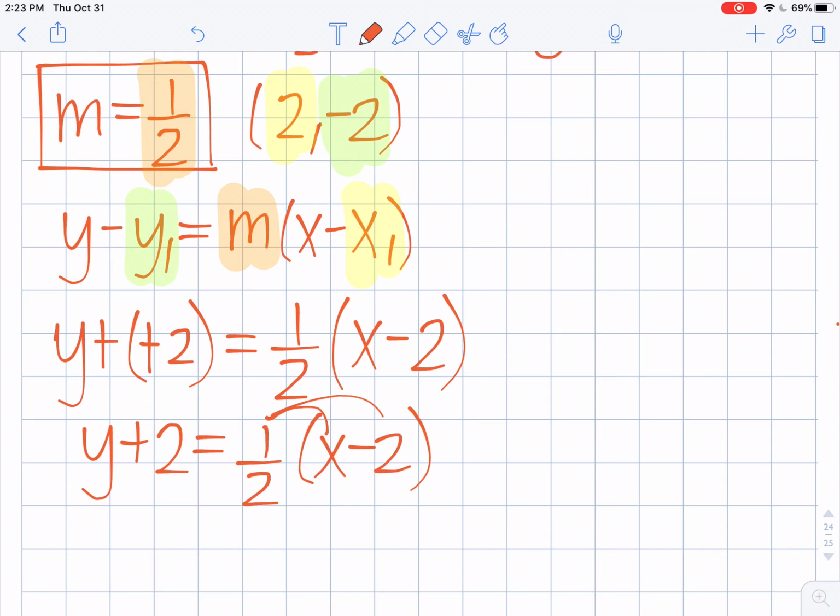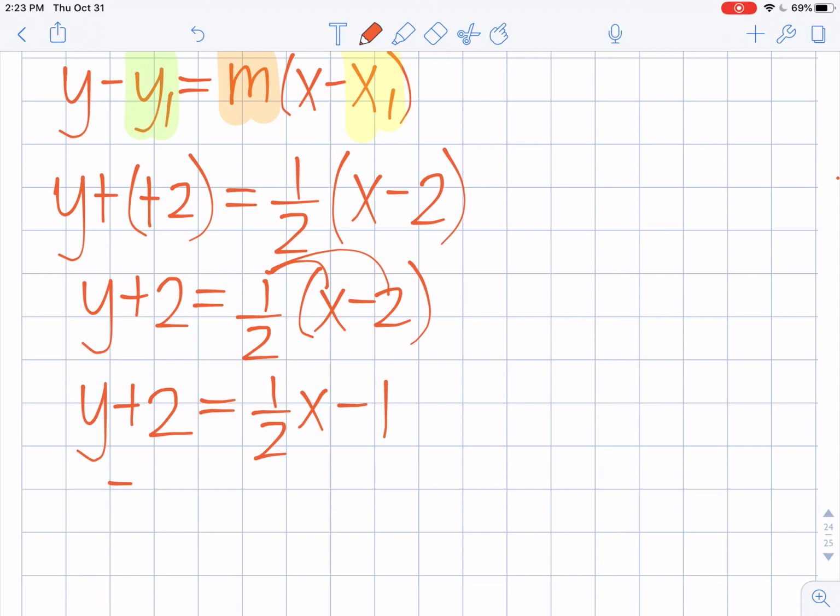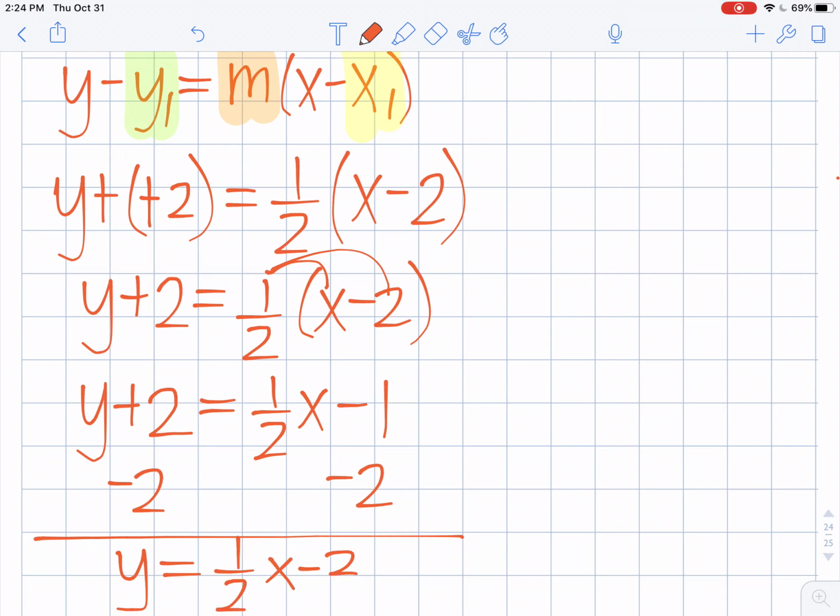I'm going to distribute. Y plus 2 is equal to 1/2 x minus 1. I'm going to get all my constants on the right side, so I'm going to subtract 2 from both sides. I get y is equal to 1/2 x minus 3.